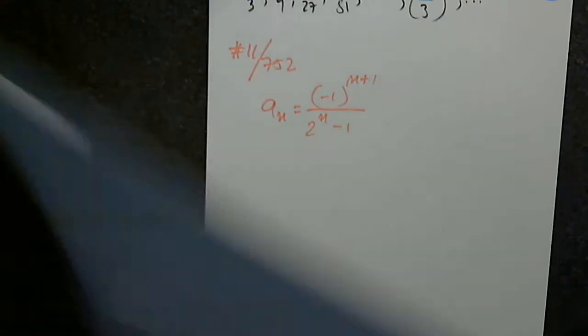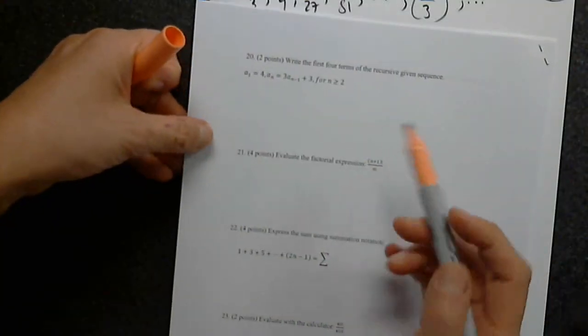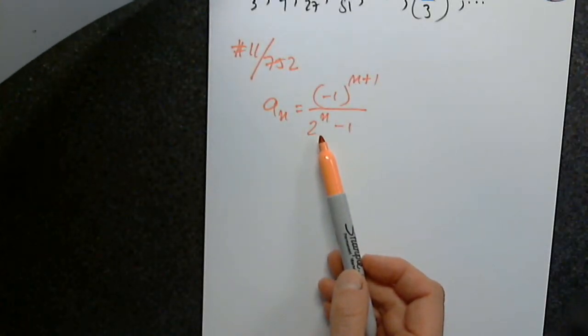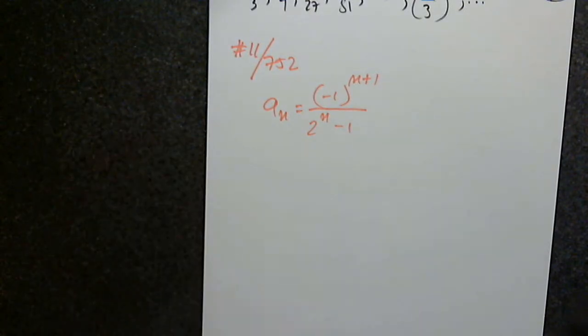And you'll see problems like these here. That's the same one. I just copied it, except I changed 2 into 3. So on this paper it is 3 to the n minus 1, and here it is 2 to the n minus 1.